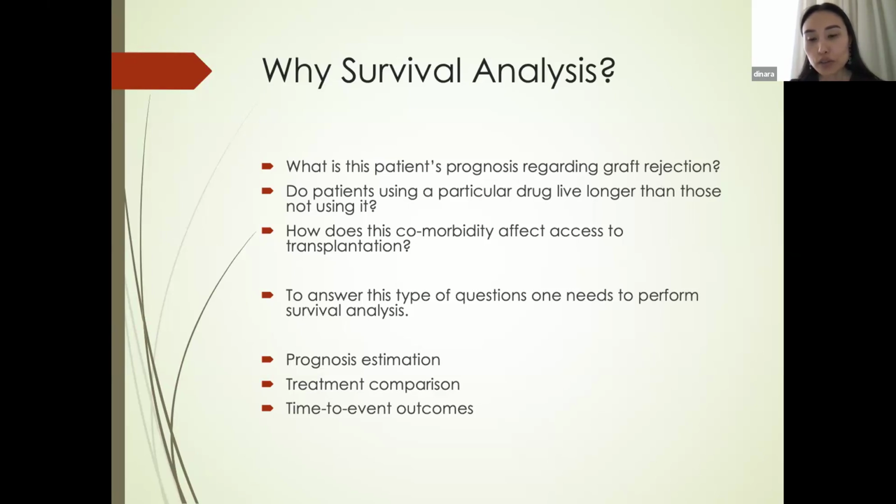To answer these questions, in terms of prognosis estimation, treatment comparison, and time to event outcomes, we use Kaplan-Meier, and we will talk about that today. So I will explain what is Kaplan-Meier method, how we compare different groups between each other, how we visualize or how we plot survival probabilities, and how we can test the hypothesis.